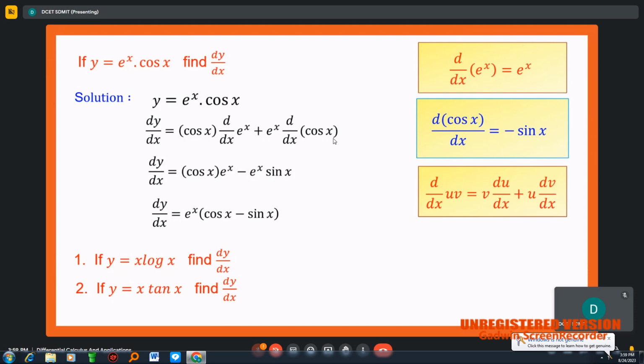What's the answer for the second problem? x into tan x. x secant square x plus tan x. Very good, correct.